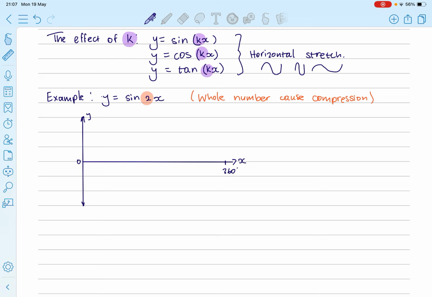Over here, we've got 0, somewhere there, 360 degrees. In the middle, we've got 180. Here we've got 90 degrees. And here we've got 270 degrees. Our maximum is 1 and our minimum is -1.